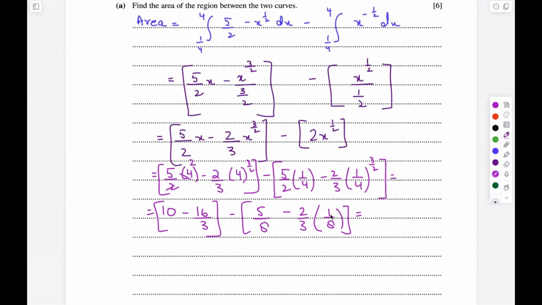Simplifying this, we get 10 minus 16/3, minus 5/8 minus 2/24.